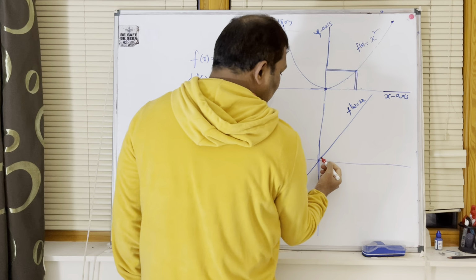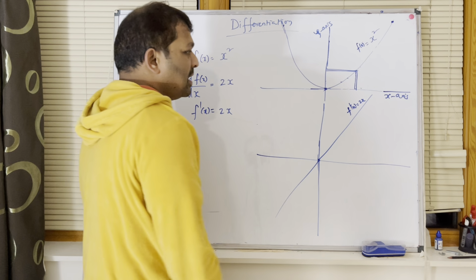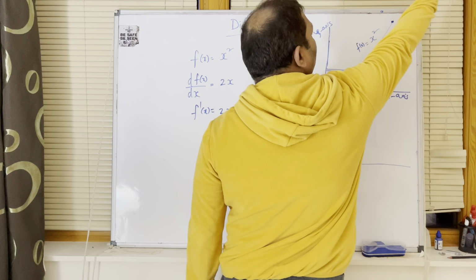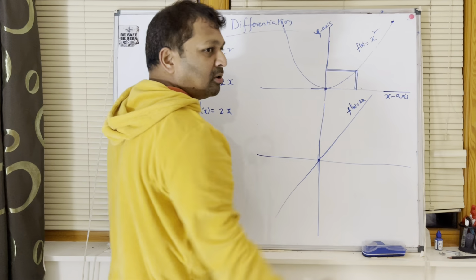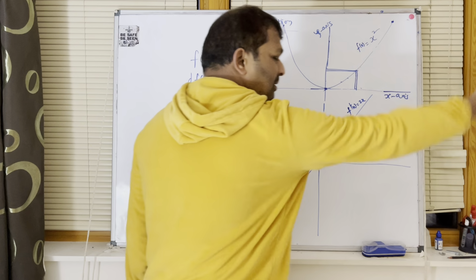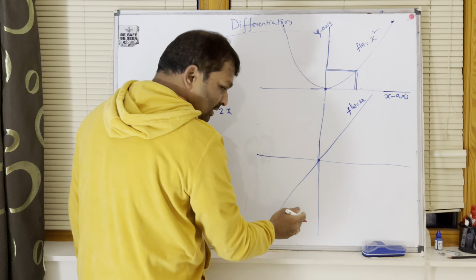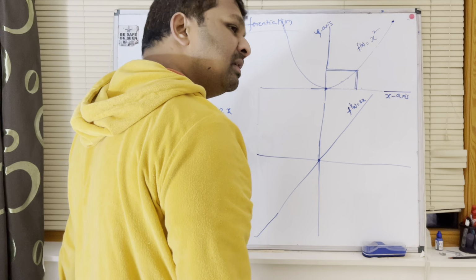So what is f dash x here? It's 0. What is f dash x at the right top, at infinite? Infinite. Put x as infinite. And what is f dash x here on the left bottom? Minus infinite.